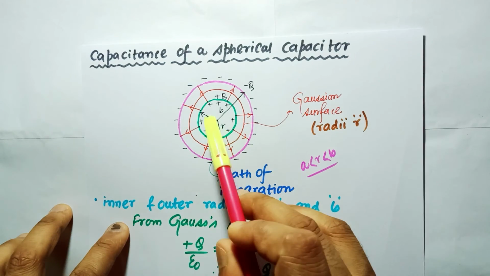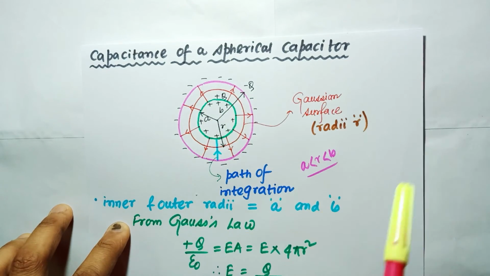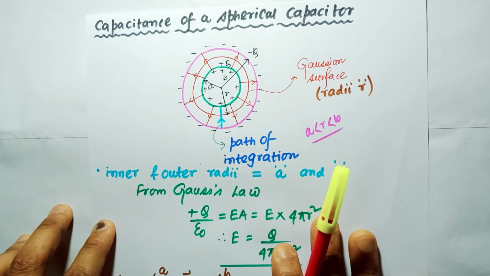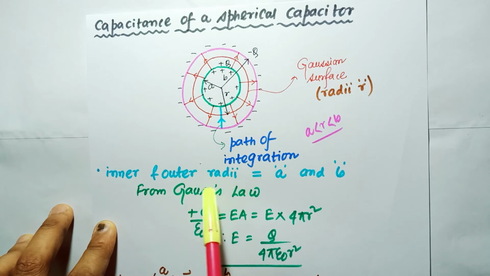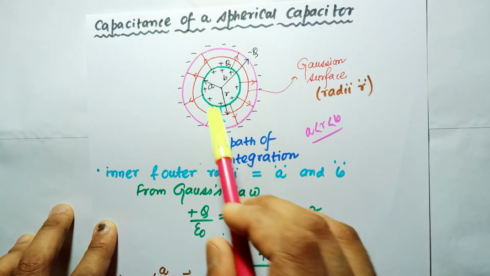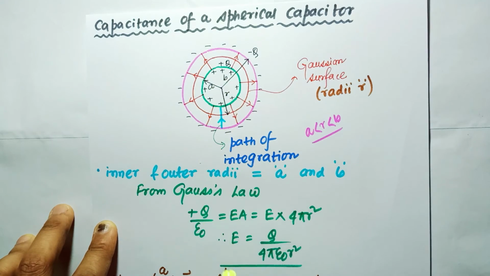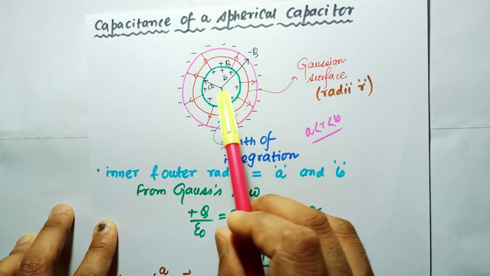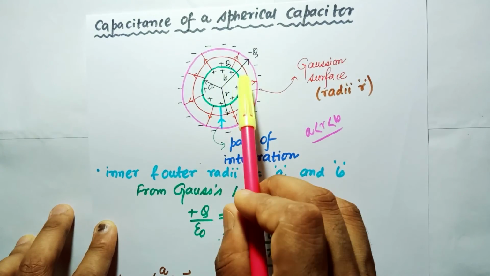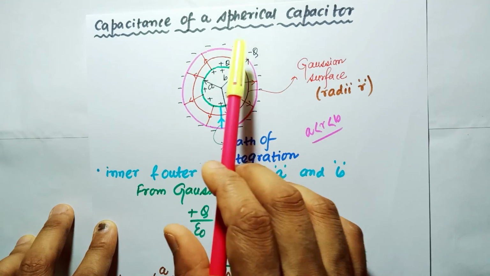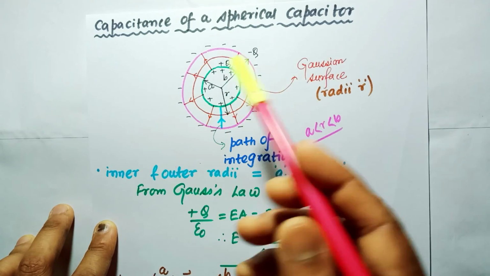At any point in between the two spherical shells, from Gauss's law, the charge enclosed by this imaginary Gaussian surface between radius a and b is capital Q, because between a and b only plus q charge is there. I am not considering the outer surface charge minus q because it is outside the Gaussian surface.